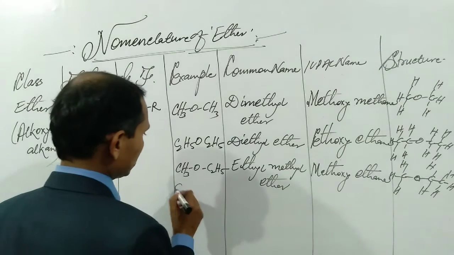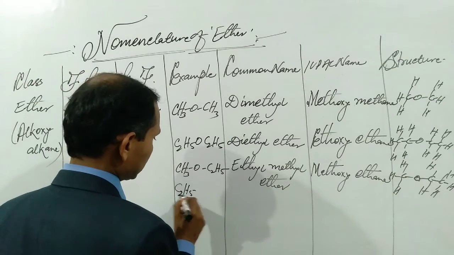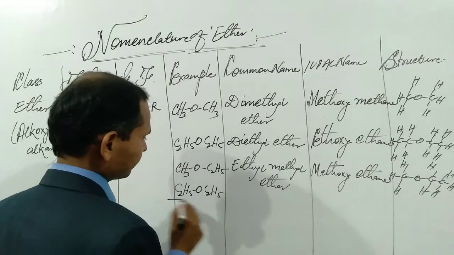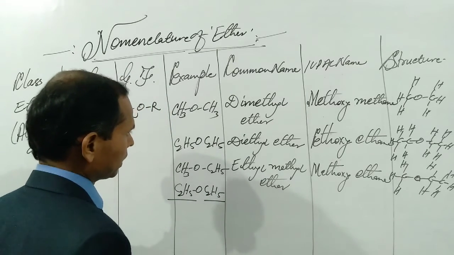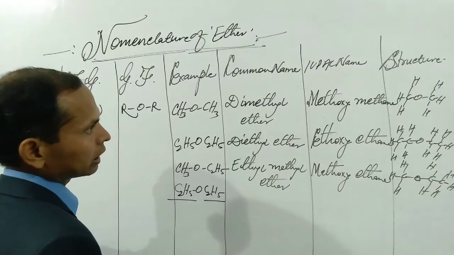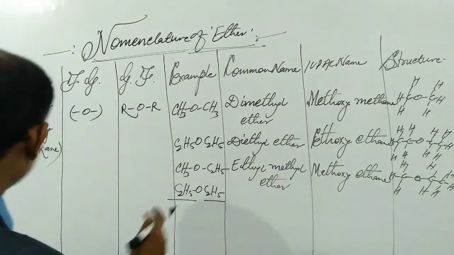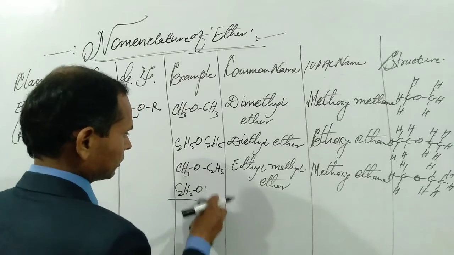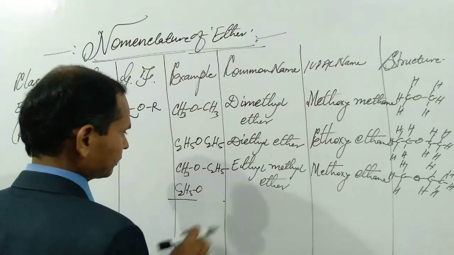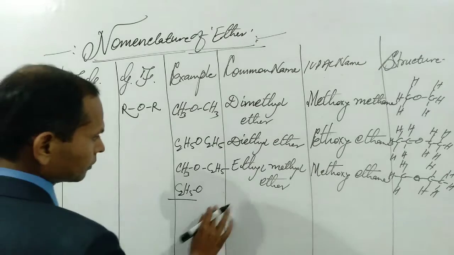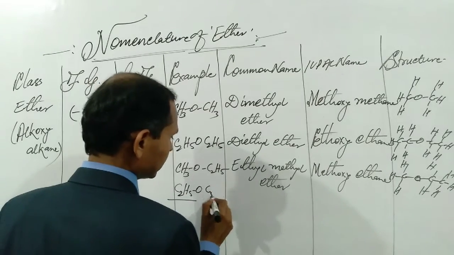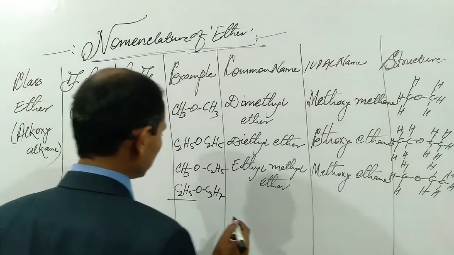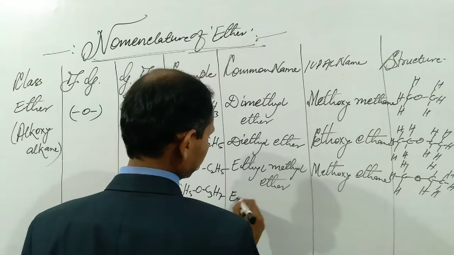In case of C2H5O C2H5, the common name is as written in the second compound, so we can change the alkyl group to C3H7. So the common name will be ethyl propyl ether.